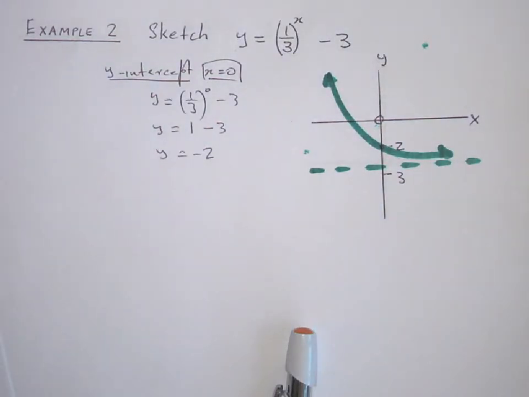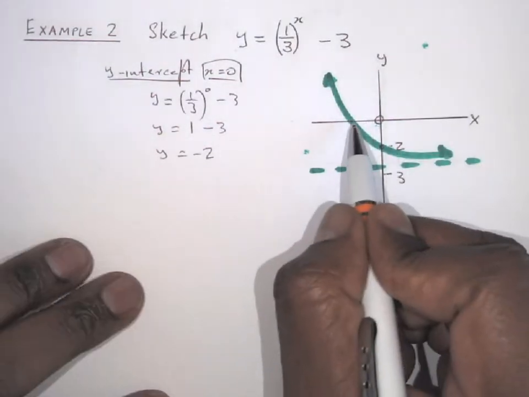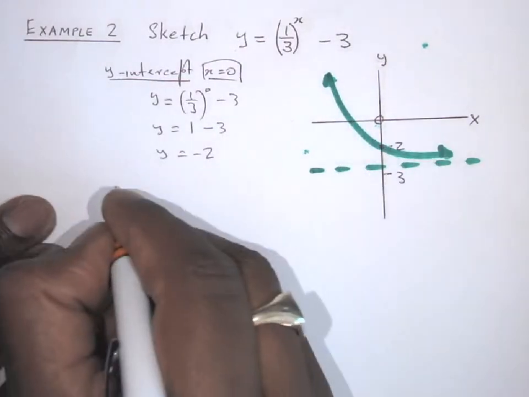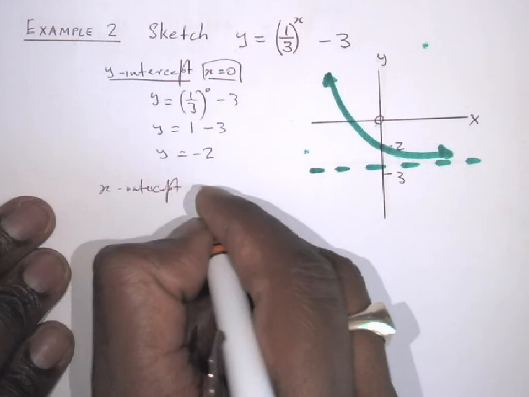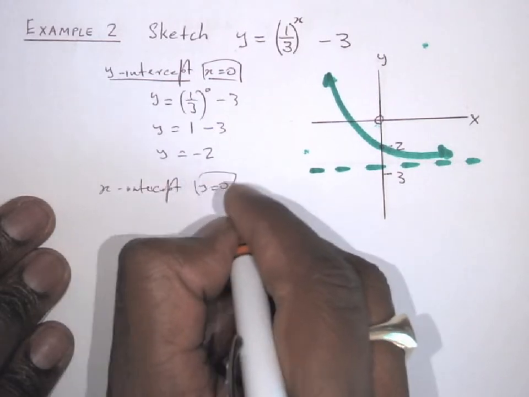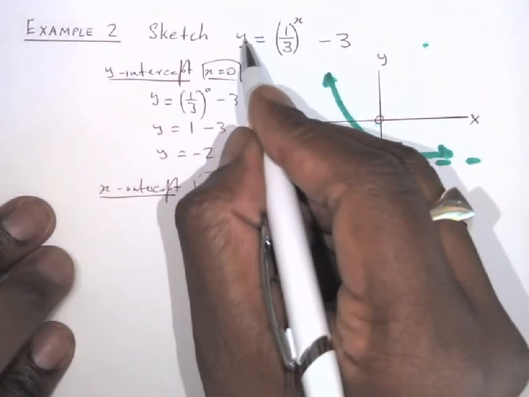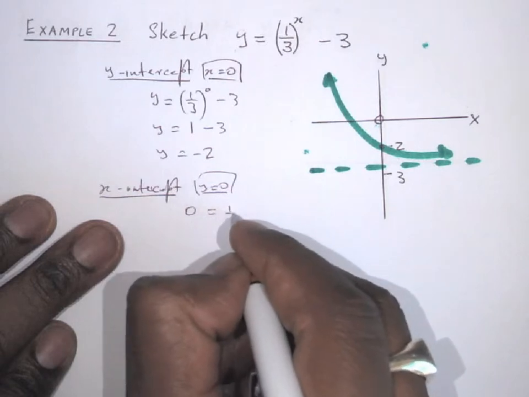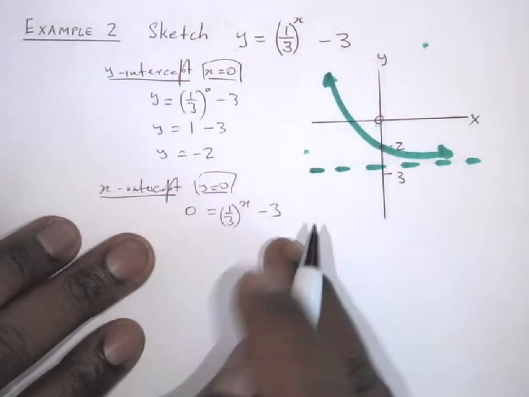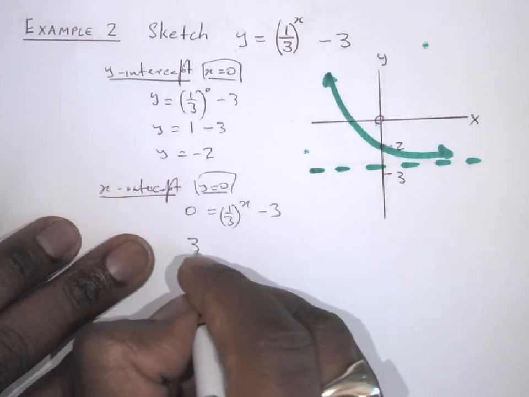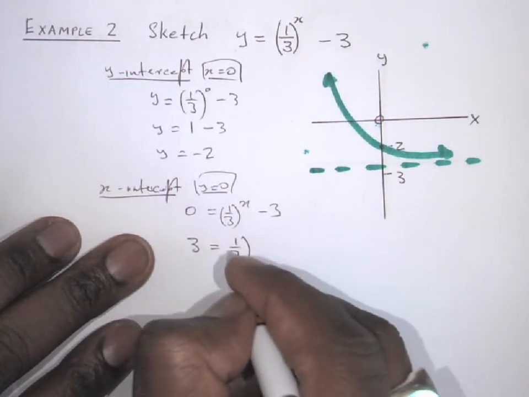Now we need to find the x-intercept. To find the x-intercept, we make y equal to 0. So I plug in 0 there: 0 = 1/3^x − 3. Then solve for x. I can take the minus 3 to the other side: 3 = 1/3^x.